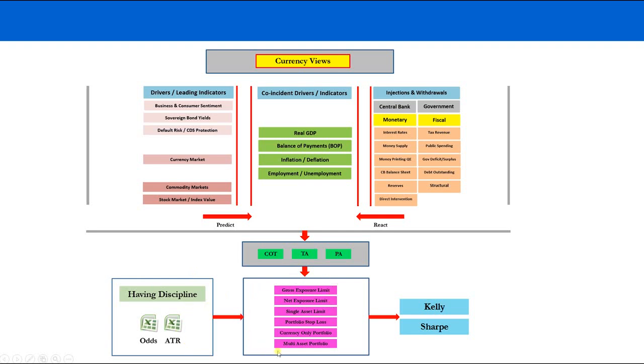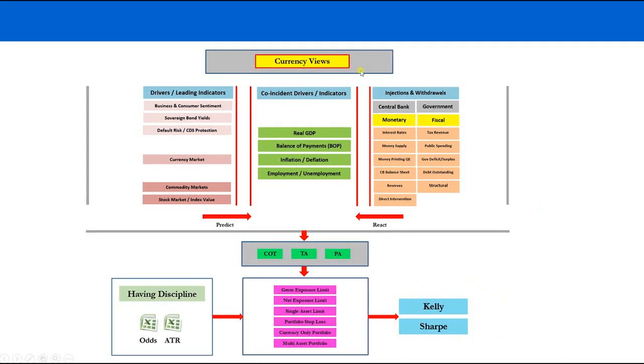Then we're going to move on to applying some sensible, common sense risk management practices to our overall portfolio. And then later we'll be going on to working out our self-awareness statistics as traders.